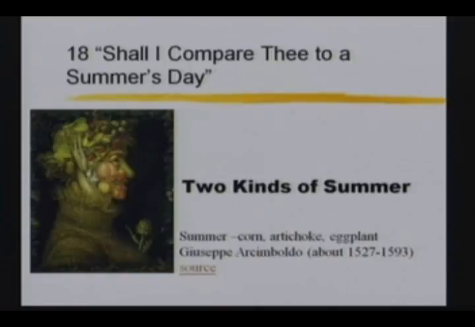They were not locally grown in Europe or in England at that time. Okay, so this is one presentation of summer.